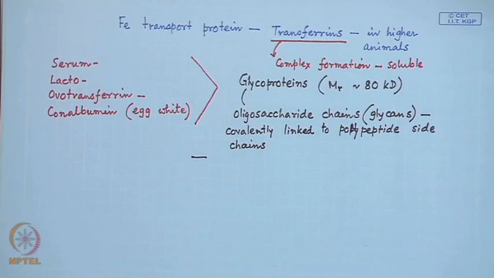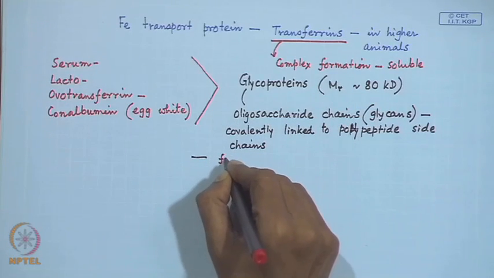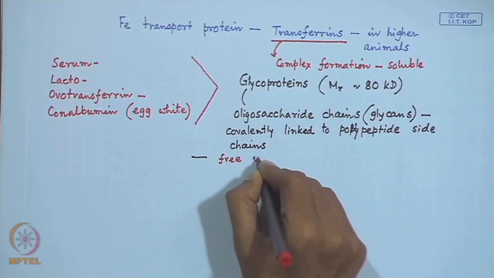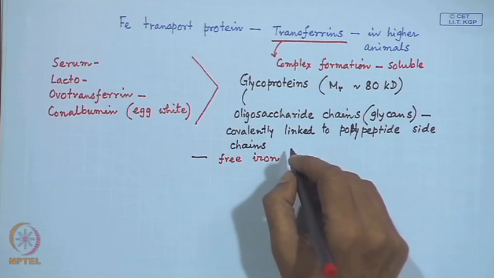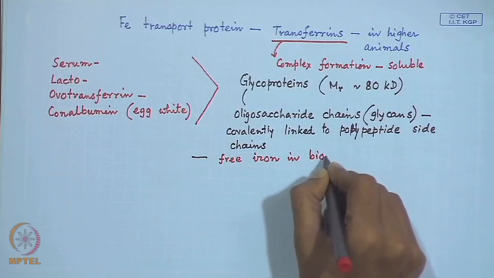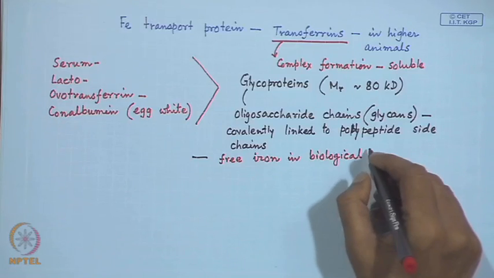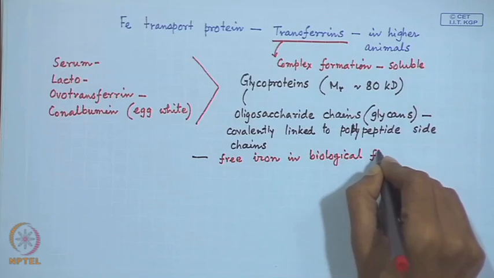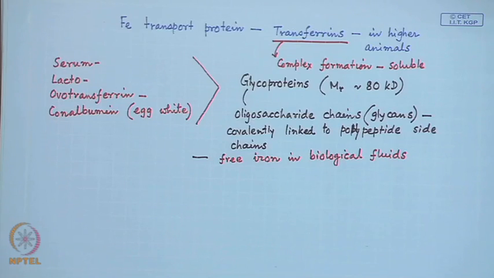And this particular mechanism is useful to control the free iron in biological fluids, because we have to deliver this iron to the cells.